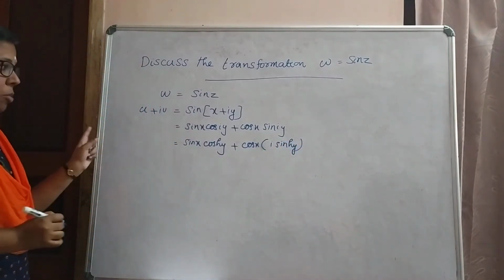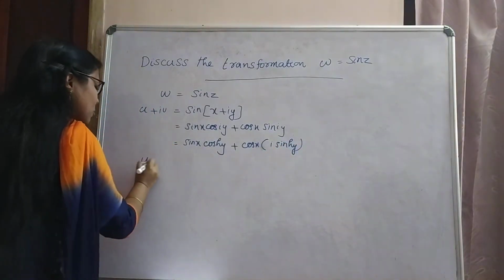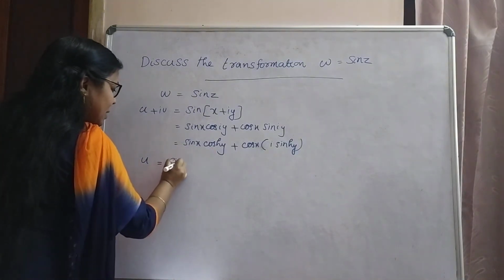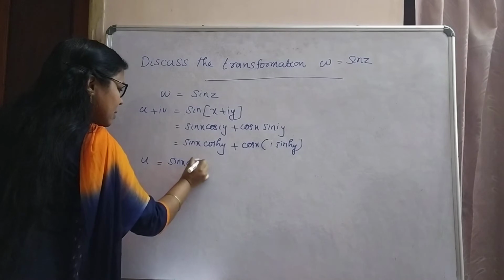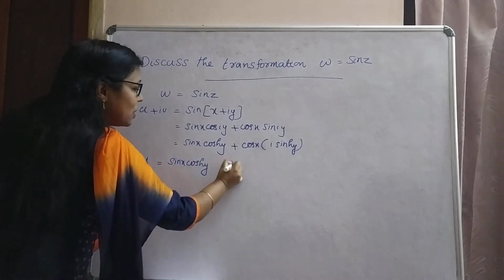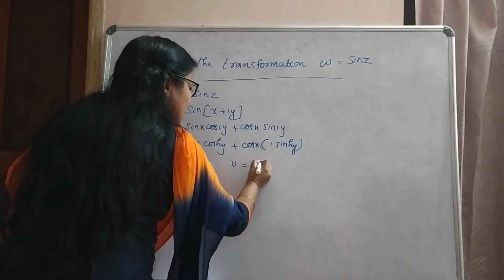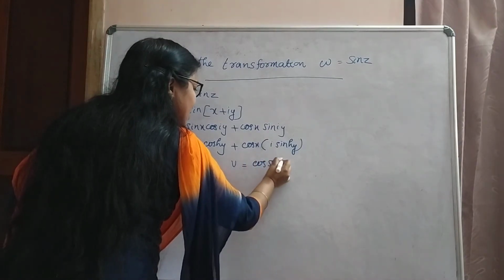By comparing on both sides, we get u, the real part, equal to sin x cosh y. Also v is the imaginary part, v equal to cos x sinh y.